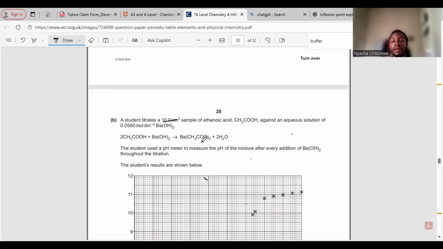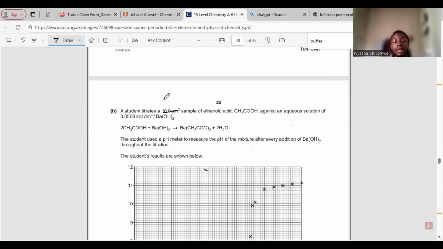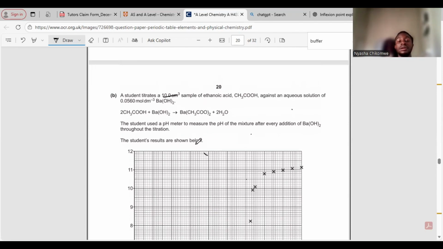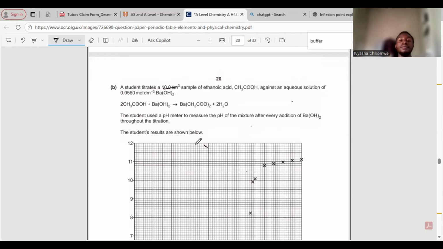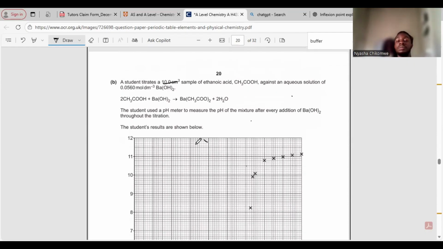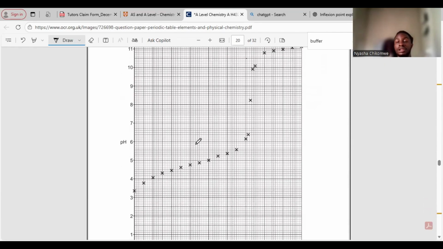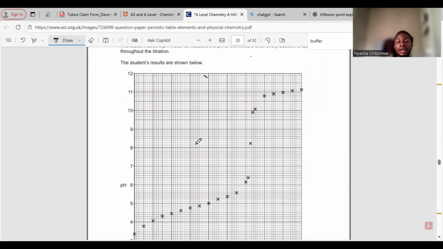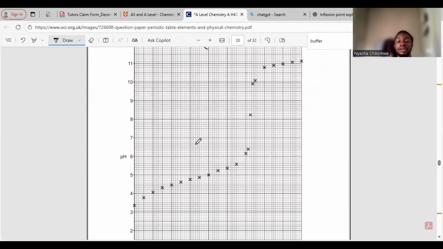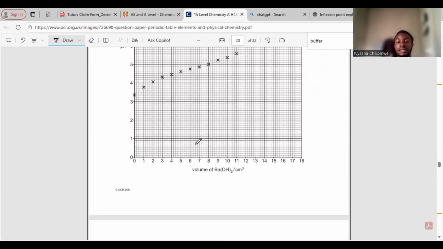The reaction is ethanoic acid plus barium hydroxide giving barium ethanoate and water. The student used a pH meter to measure the pH after every addition of barium hydroxide throughout the titration, and the results are shown below. So the results are here, and you can see an S curve is expected.